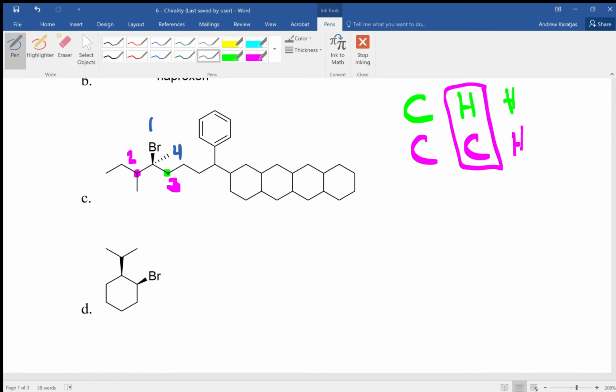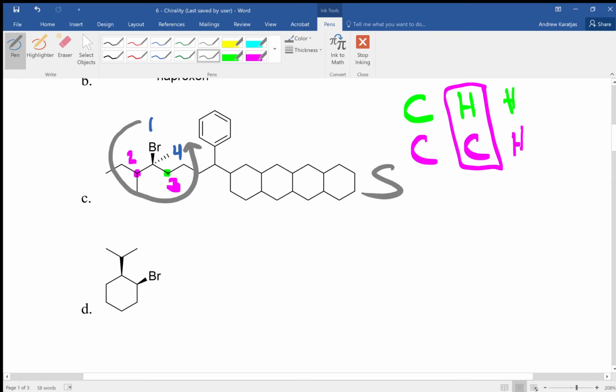All right, our low priority group, the methyl group, it doesn't have to be a hydrogen as lowest priority. It can be anything. But because that lowest priority group is already pointed back, we don't have to rotate the molecule. We draw our arrow here, 1 to 2 to 3, and we have S.